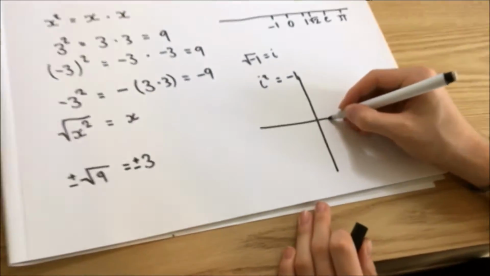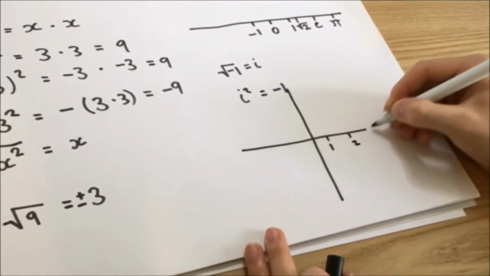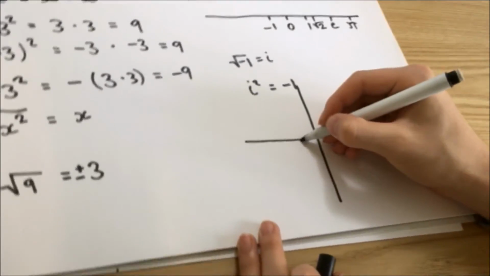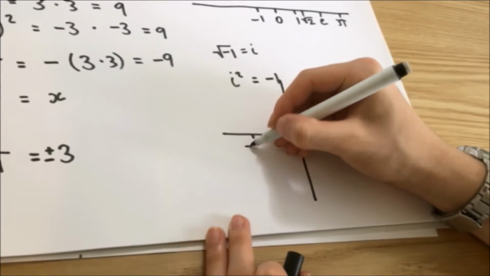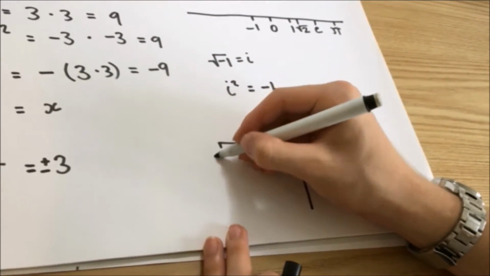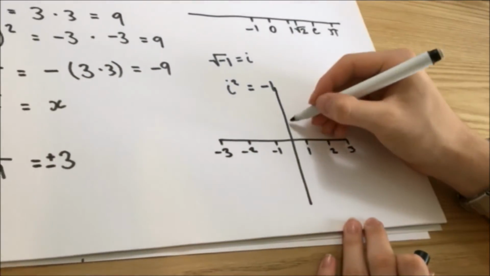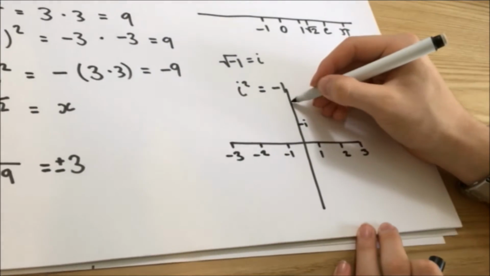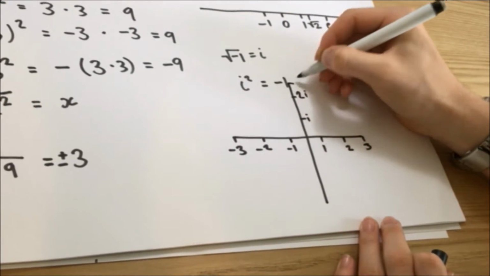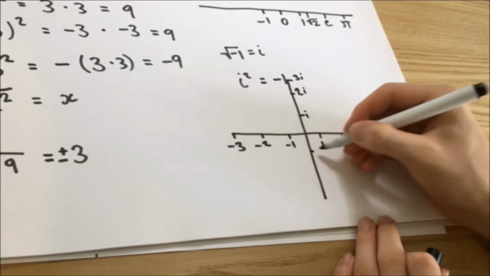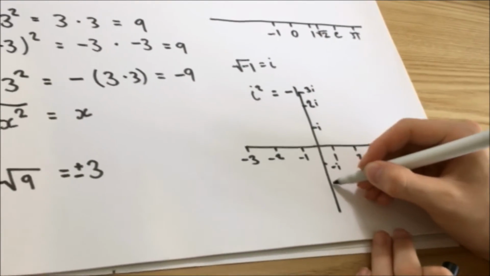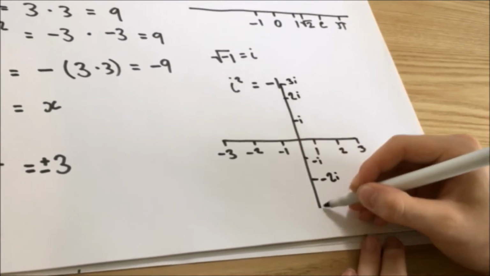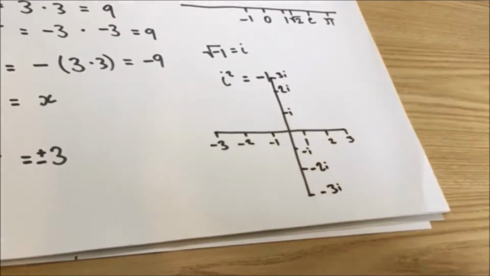Here we have 1, 2, 3, and also negative 1, negative 2, negative 3. But up here we have i, 2i, 3i, and here negative i, negative 2i, negative 3i.